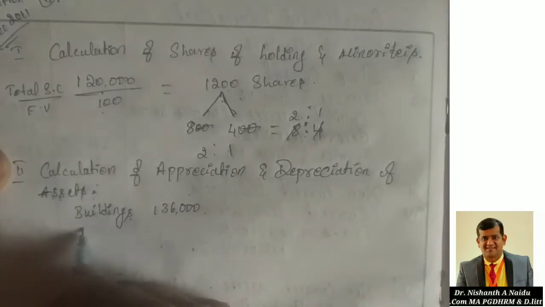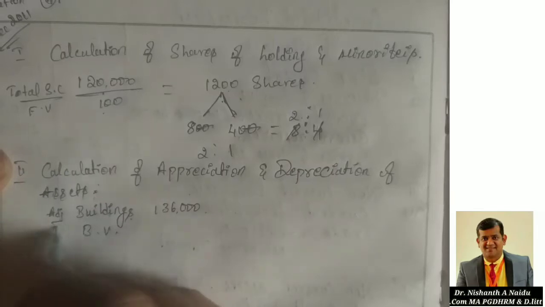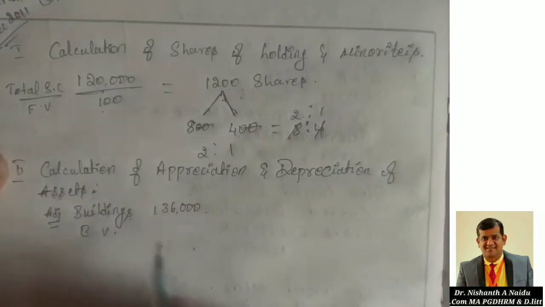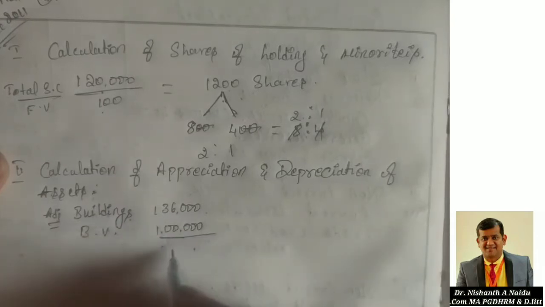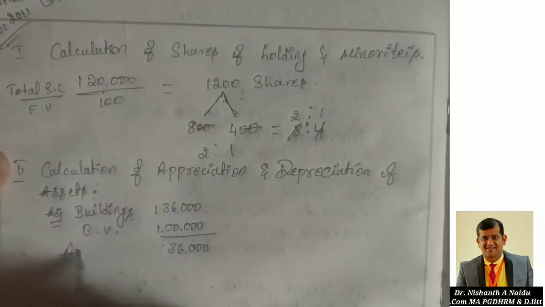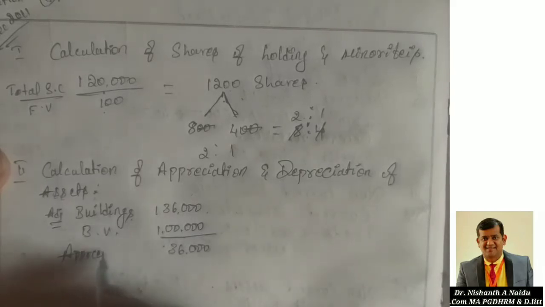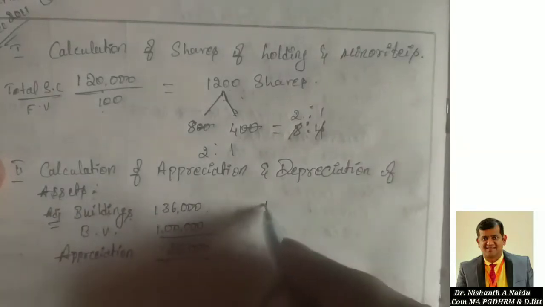The balance sheet value, the opening value, he has given as 1 lakh rupees. So the 36,000 that we get here, we call this appreciation. The same way we will do for plant and machinery.